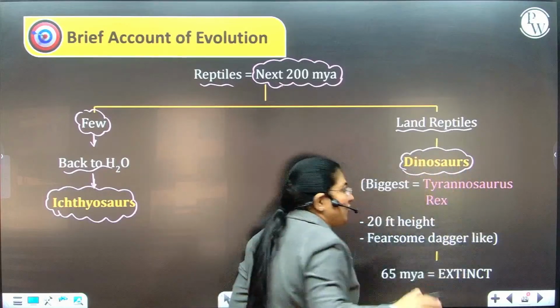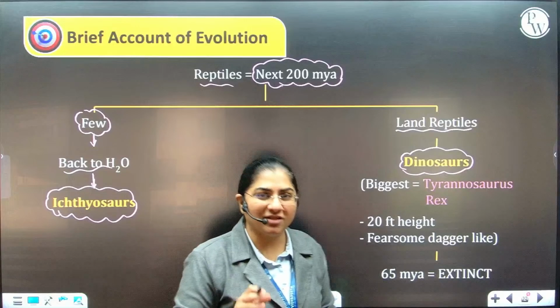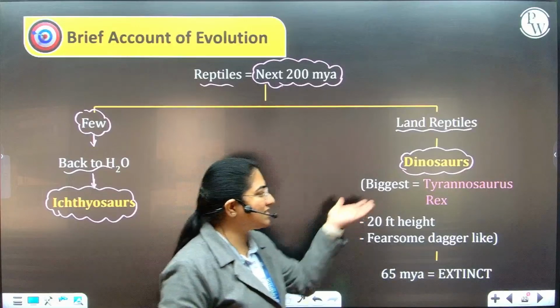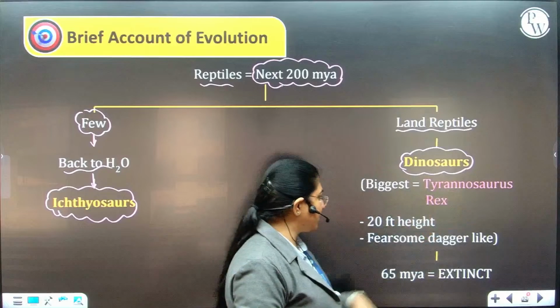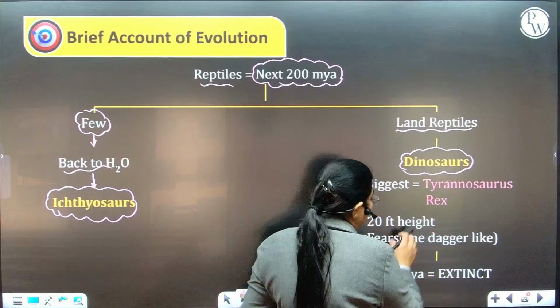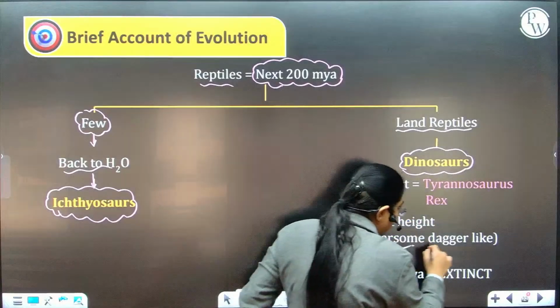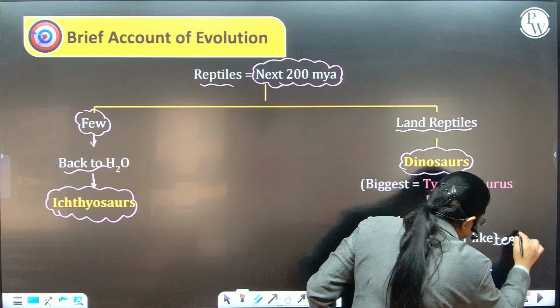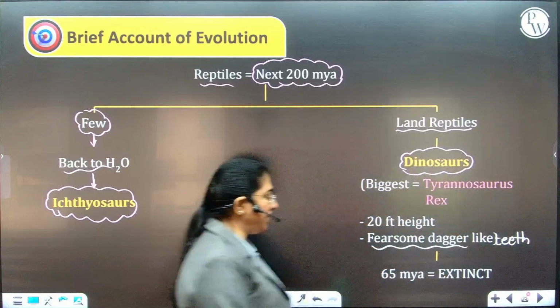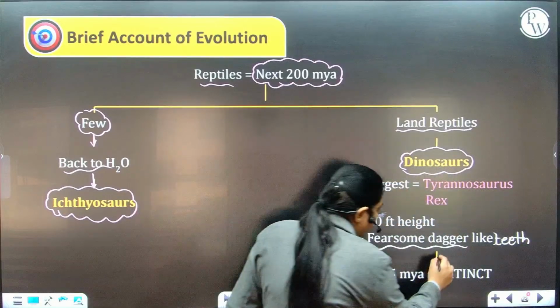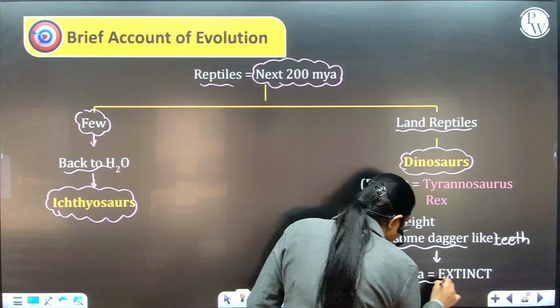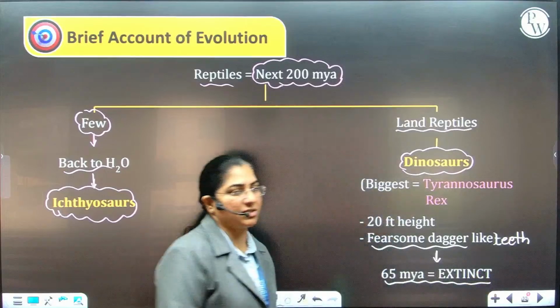The biggest of all the dinosaurs, as you must have seen in the Jurassic Park movie, was T-Rex, the Tyrannosaurus Rex. It was approximately 20 feet in height and had huge, fearsome, dagger-like teeth. They were very, very dangerous. And they became extinct 65 million years ago.